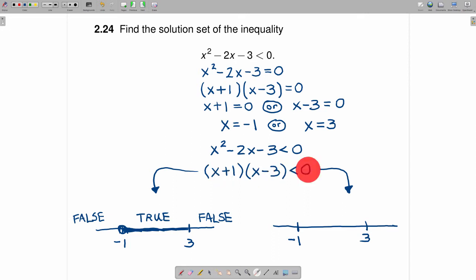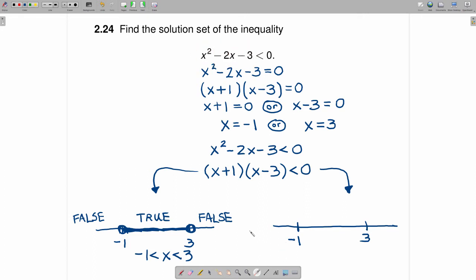And 0 is not less than 0, so that point is not included. And so as a final answer here, you get all of the x values that lie between negative 1 and positive 3. Now that only works because you have a polynomial.